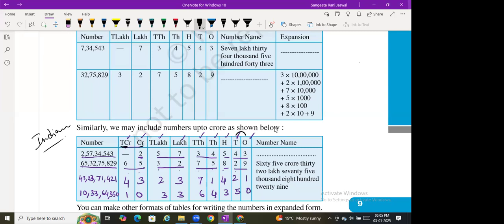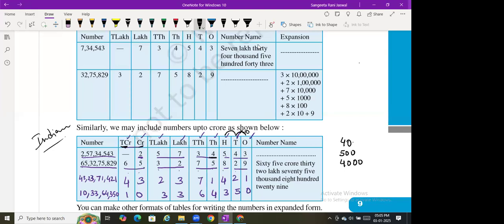With every increase in the place value, we multiply by 10. If you have 4 tens, how can you write 4 tens? Like this. If you have 4,000, how can you write it? Like this. Why are you writing 3 zeros here?